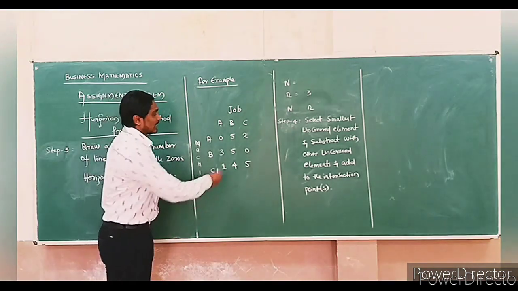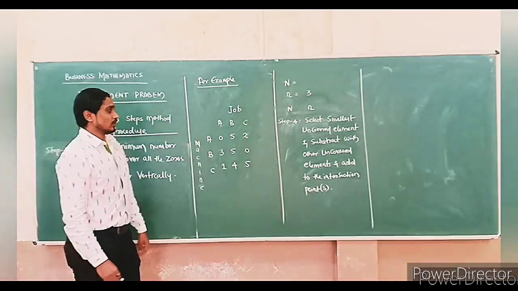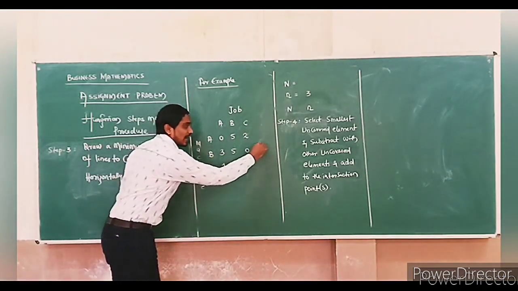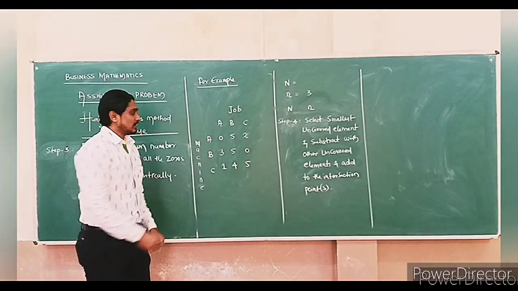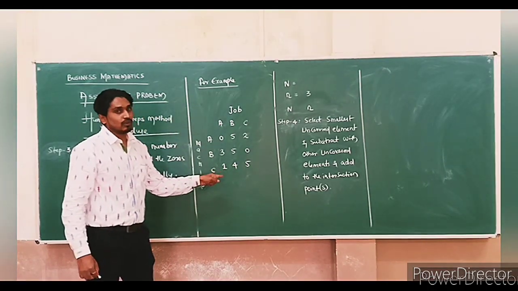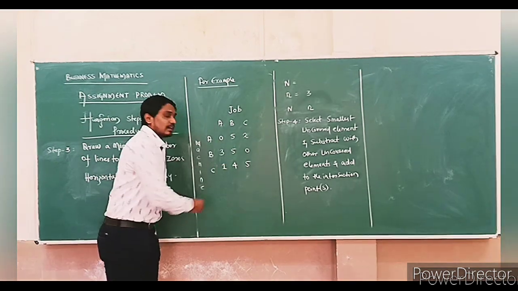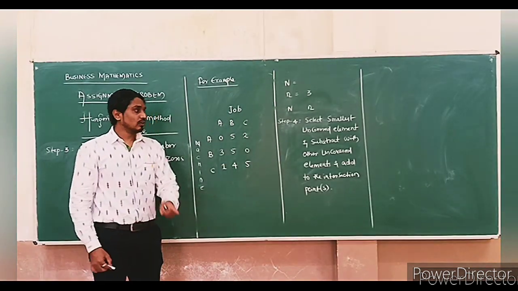If I draw a line here in the first row, I cover only 1 zero. If I draw here, I cover 1 zero. I cannot draw a line here because there are no zeros. If I go with the column, I cover 1 zero.